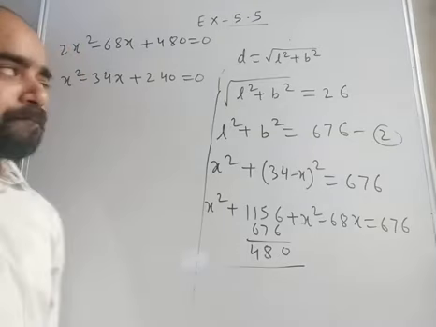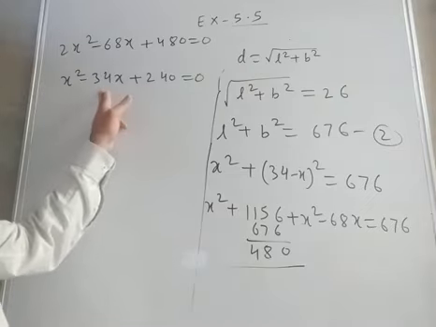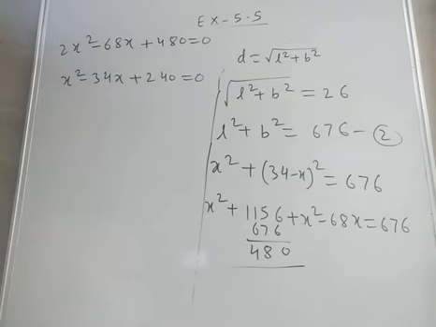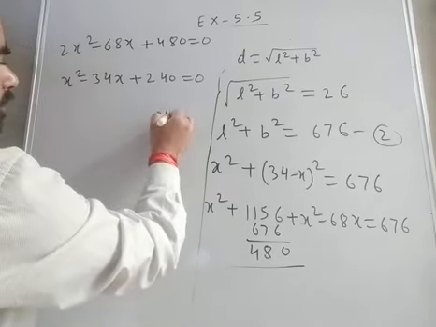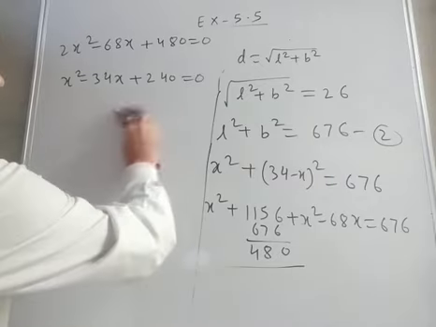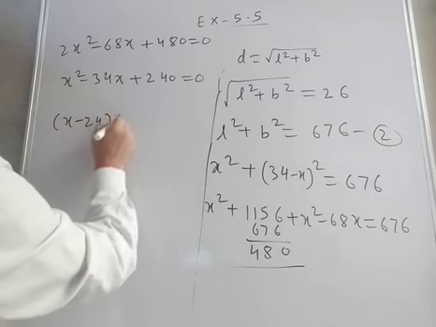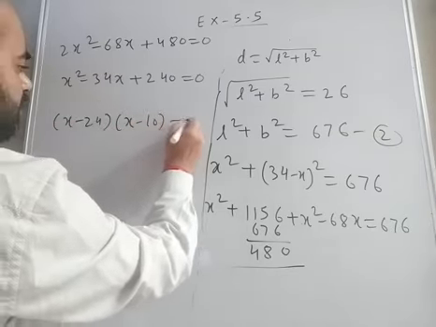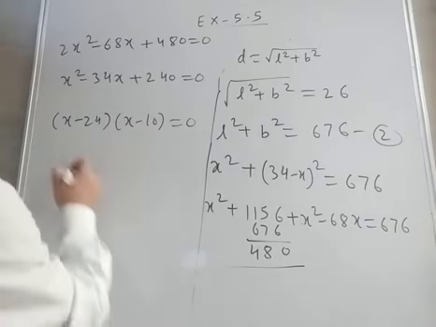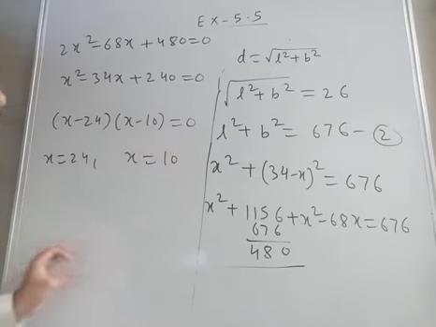Clear? Now here it is 240 and here it is 34. It means 24 and 10. Correct? It means we can take x minus 24 and x minus 10 is equal to 0. You can cross check. It means x will be 24 or x will be 10.